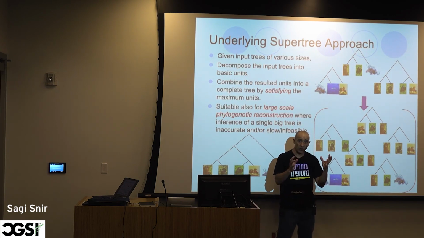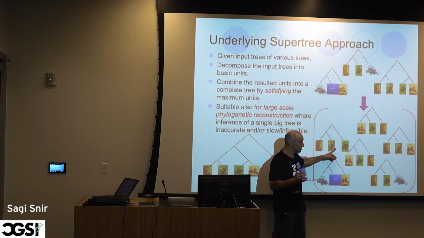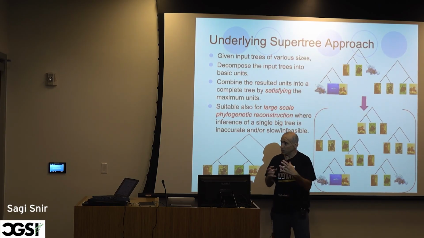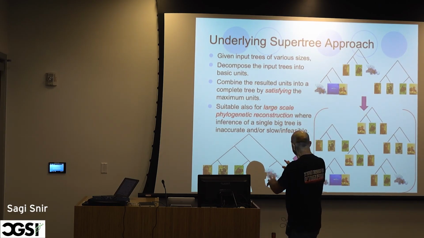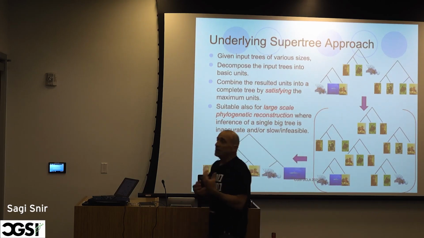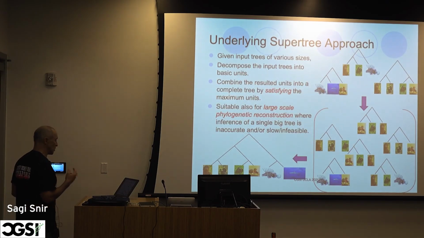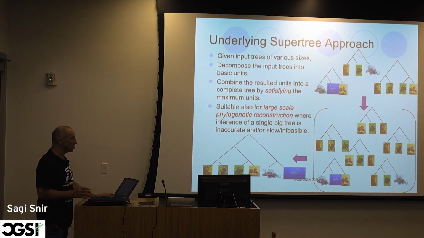You decompose into overlapping subsets, you reconstruct the trees, and now you deal with trees, not with sequences and not with signals. So now you deal with trees, which is supposedly easier.